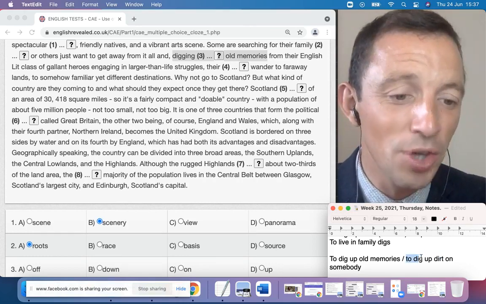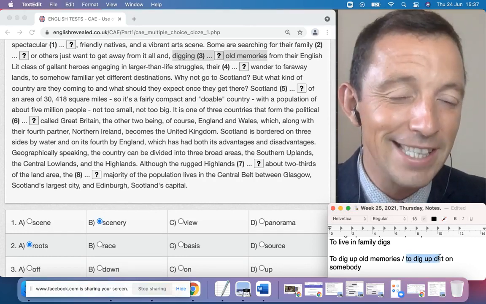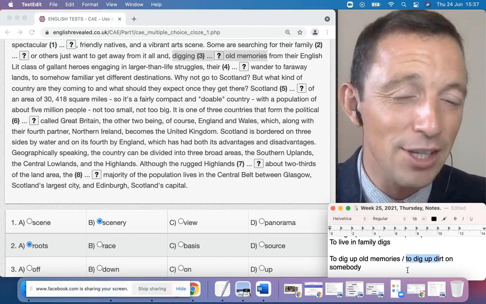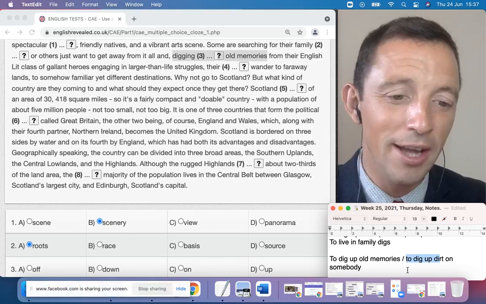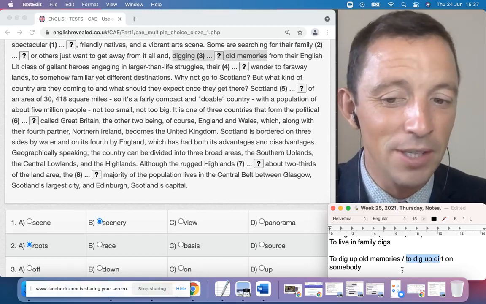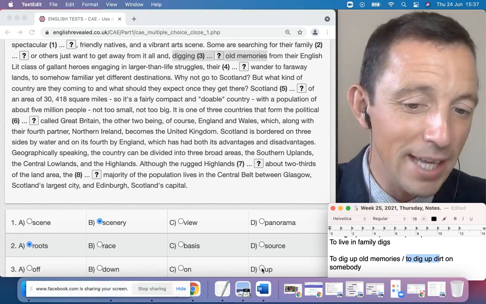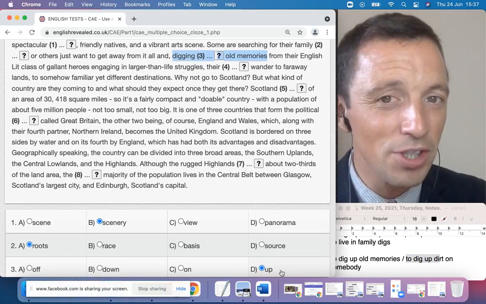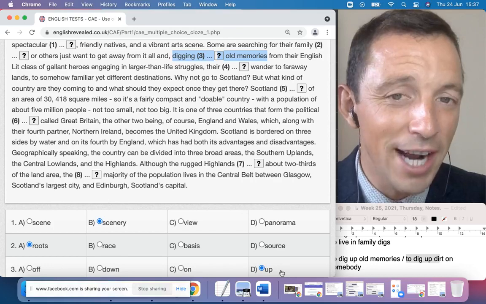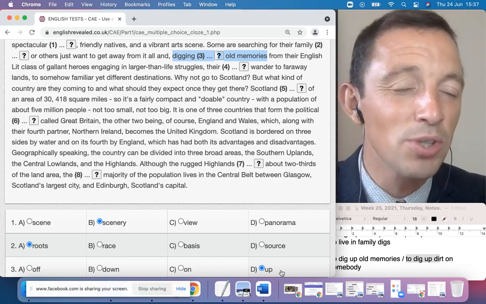So if you dig up dirt on somebody, the significance is you investigate and you try to find some embarrassing or some negative story about that person. That's a very, very famous expression. So here, dig up is the best, I think. Dig down maybe is possible in other situations to extract as well, but dig up is just the most appropriate here.